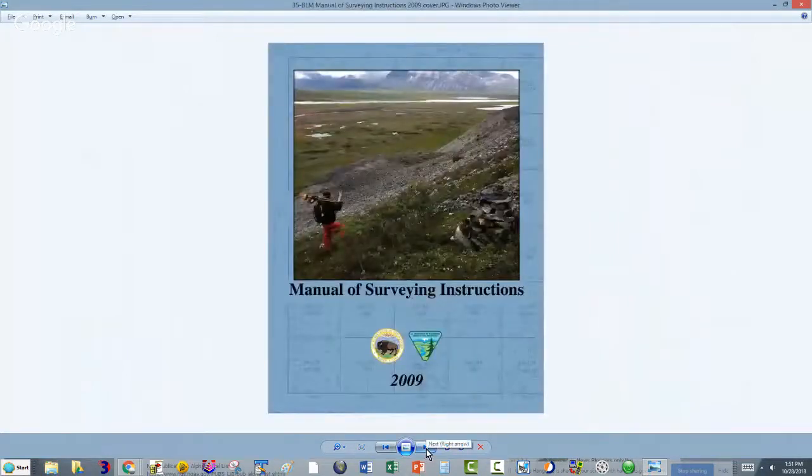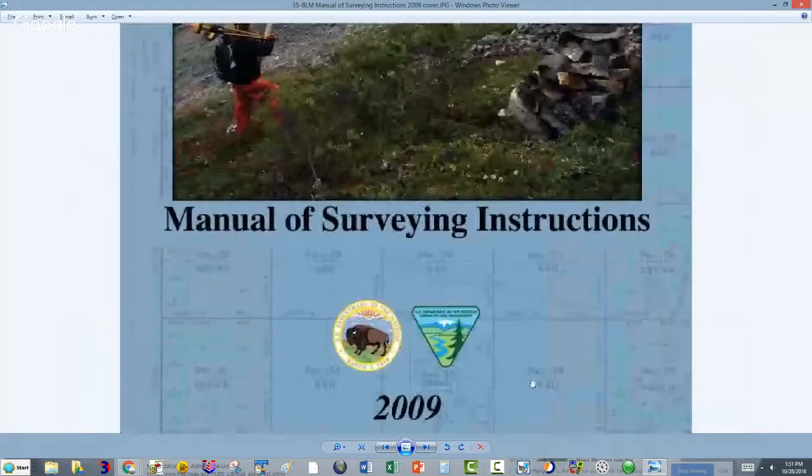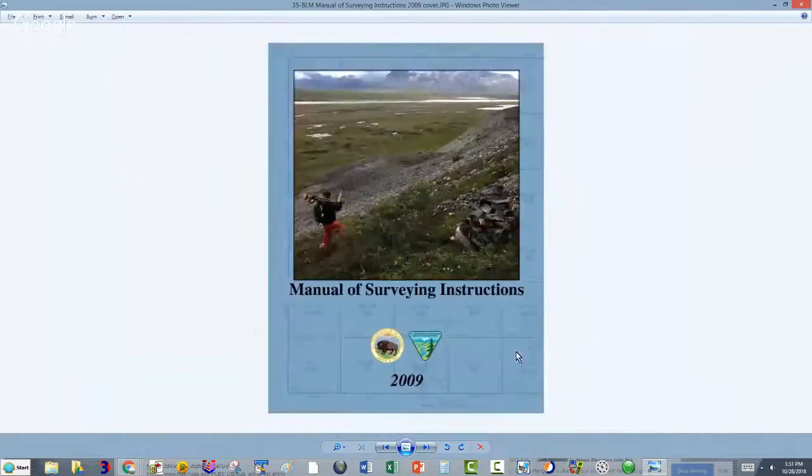Now, speaking of land boundary corners, especially out west, I've included links to the Bureau of Land Management manual. This is the 2009 edition. These go back in time, back to the 70s and also back into the 1800s, containing the instructions on how to lay out these townships and ranges and so forth.